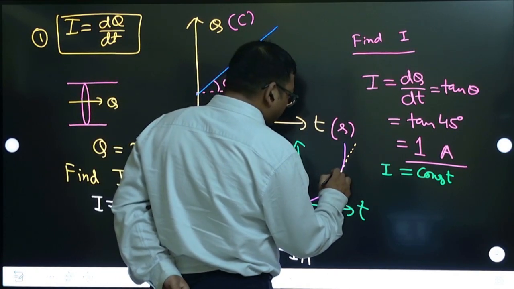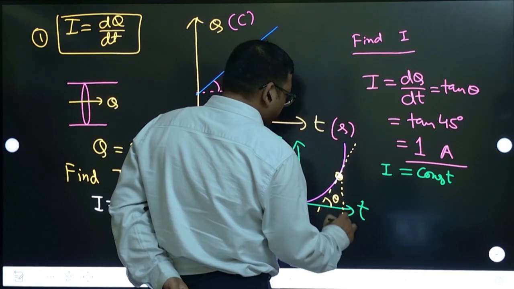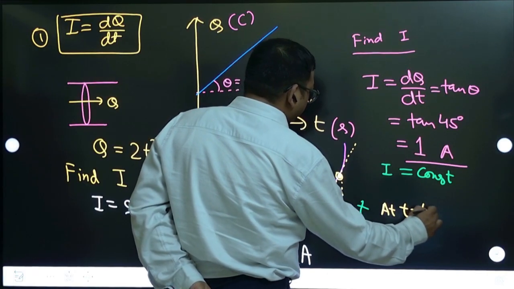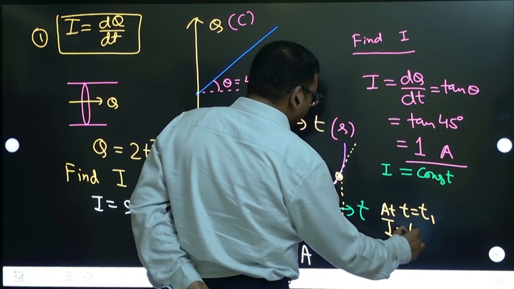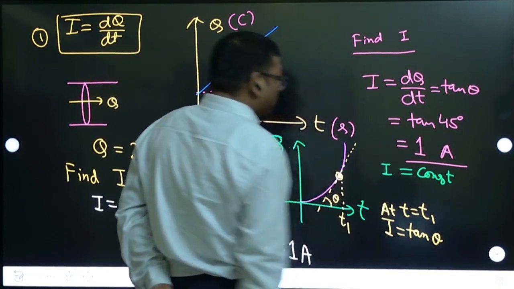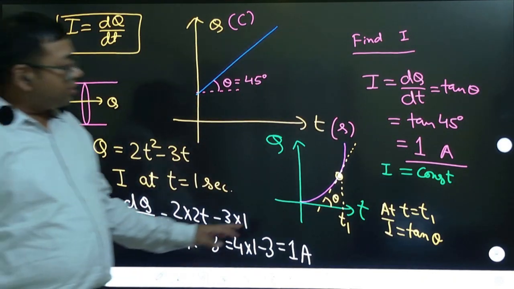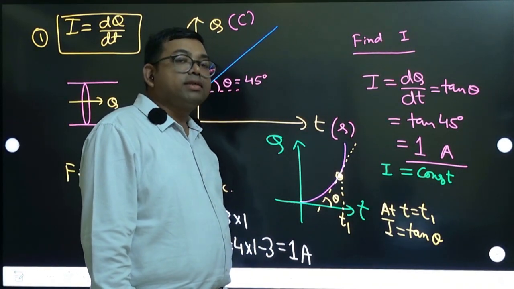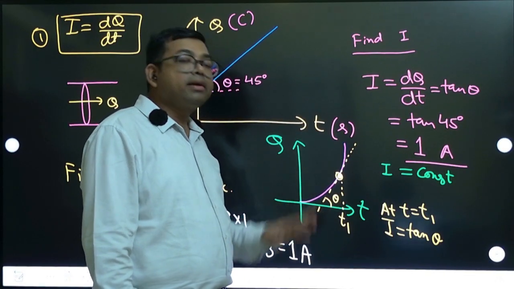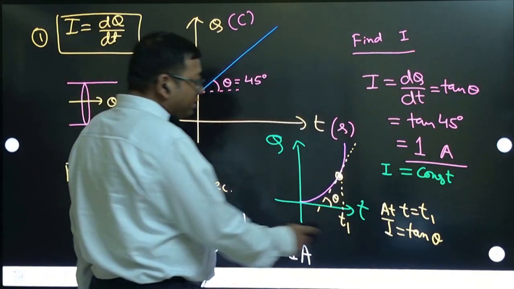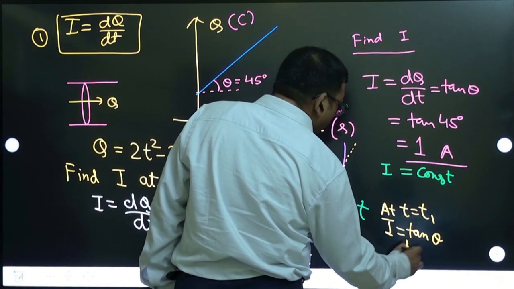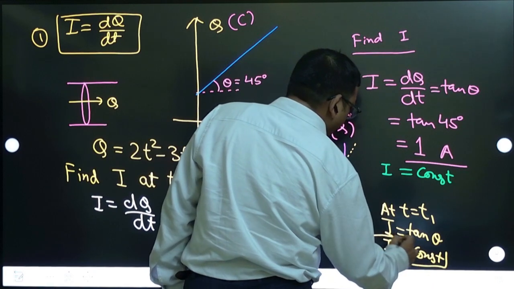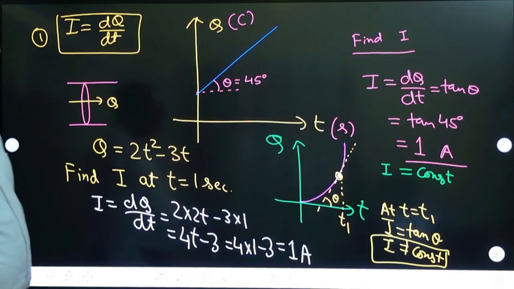At that particular instant of time, let us say t1, current is equal to tan theta. But at a different point, slope will change, so calculation will change and current will be different. So this is a variable current. The current is changing because slope is changing, so I is not constant.